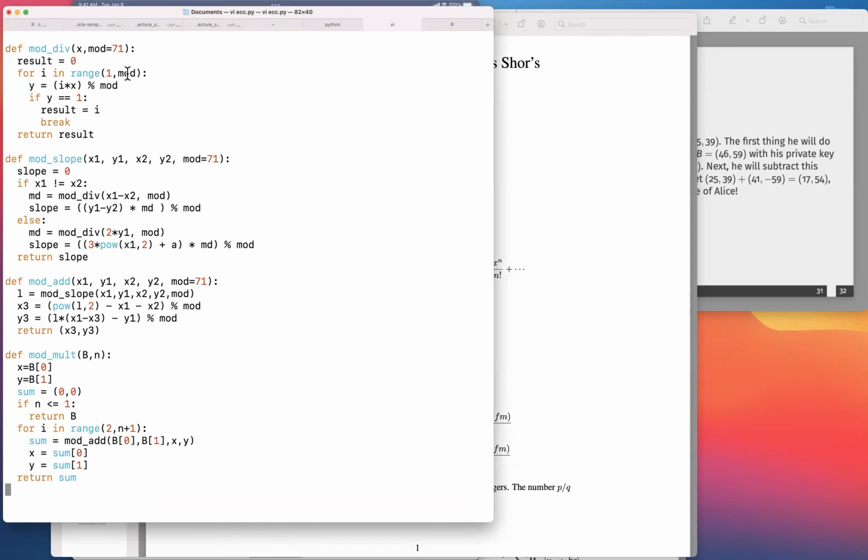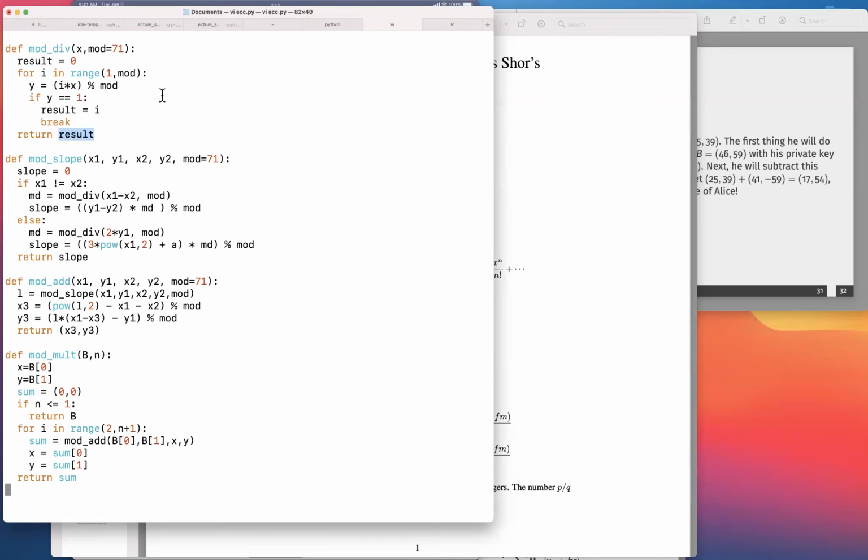Then you multiply it with x and get the remainder. If the remainder is 1, then you have found your number, and you return that number. That number is therefore the inverse of x.